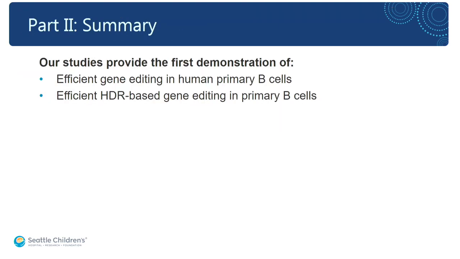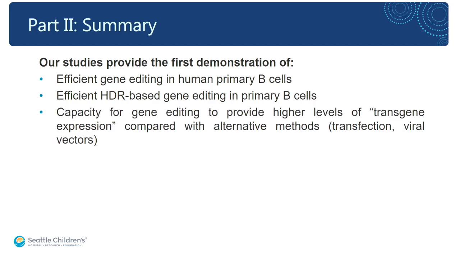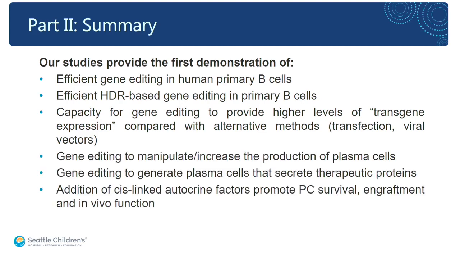So to summarize, I think we've shown we can get gene editing in primary B cells at high efficiency. This works better than other ways of delivering a transgene into human B cells, and we can use this approach to not only manipulate plasma cell development, but potentially multiplex that with the protein that we're trying to express.